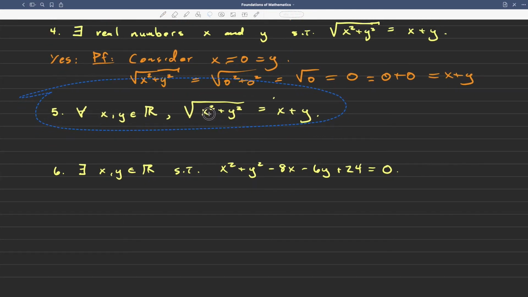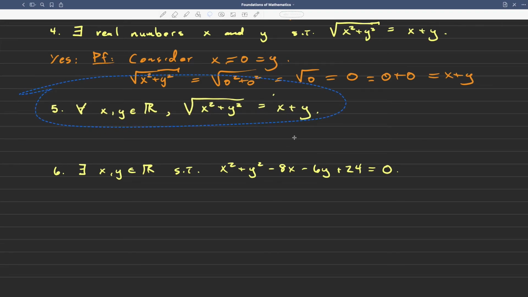And then number 5 is sort of the other side of the coin for this question. Is it true that for every x and y in the reals, square root of x squared plus y squared equals x plus y? I'm going to have to say no. And the proof of my answer is that I can come up with a counterexample. Consider x equals 1 and also y is equal to 1.